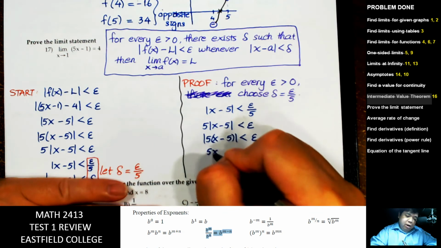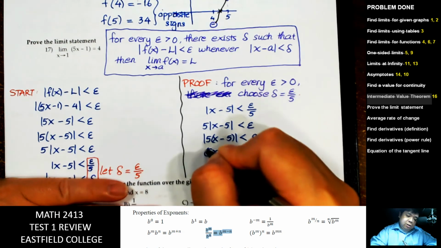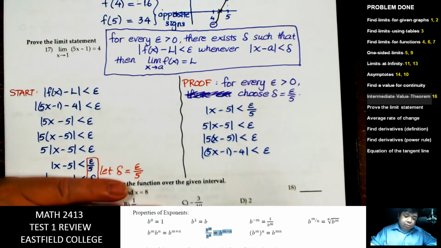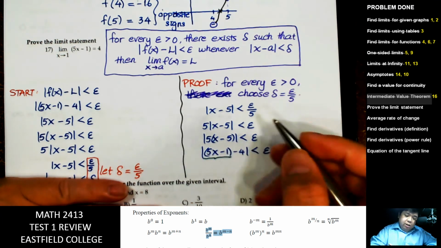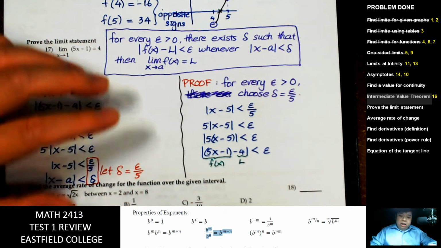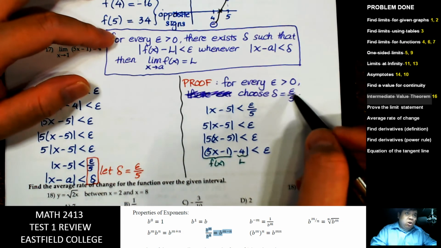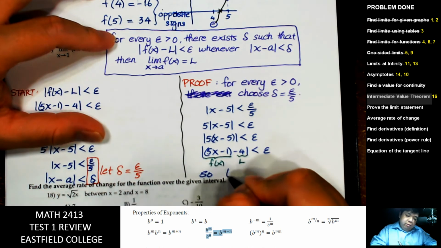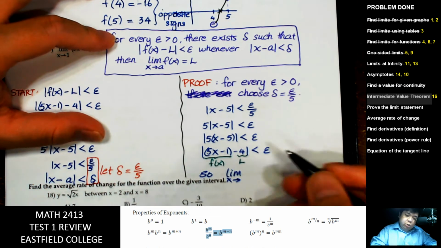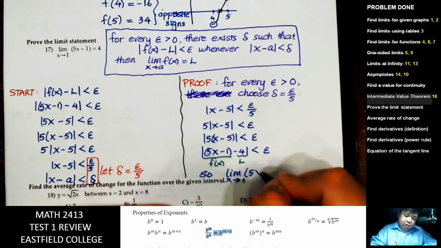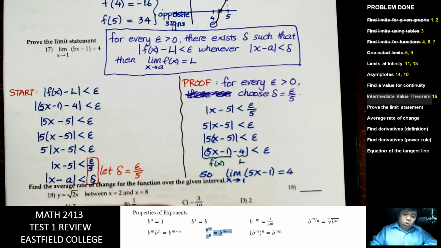And we have 5x - 1, and so this will be f(x), and that is L. So we said for every epsilon greater than 0, we choose delta to be that, and so we have this. So we will have the limit as x goes to 1 of the function 5x - 1 equal to 4.